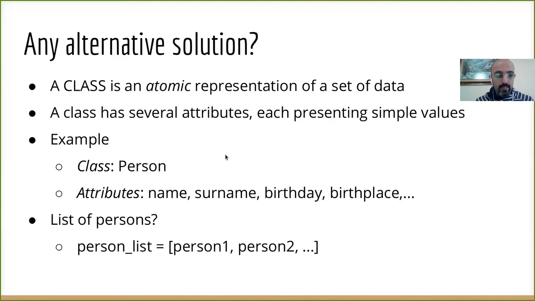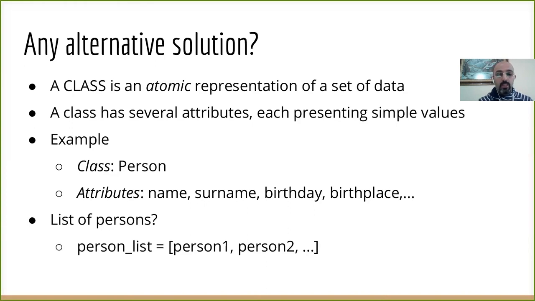So what is a class? The class is an atomic representation of a set of data. So we have a set of variables that belong to an entity called class. These variables, considering the example that we have, can be name, surname, birthday, birthplace, and the class that includes all these variables is the class person.